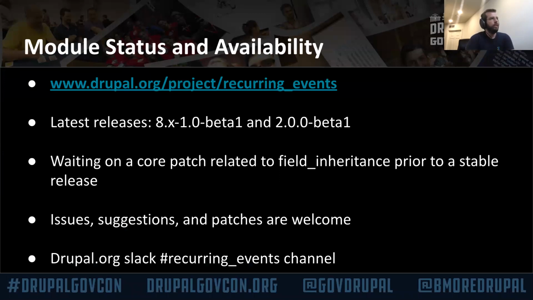You can find the module at drupal.org/project/recurring_events. The latest releases are an 8 branch, 1.0 beta 1, and a semantic versioning branch, which is 2.0.0 beta 1. They are both Drupal 8 and 9 compatible.